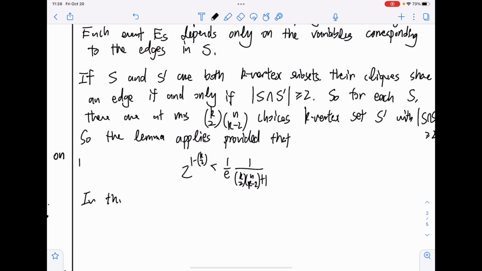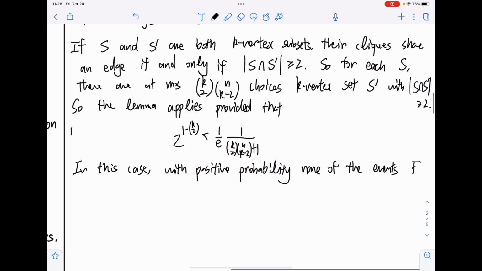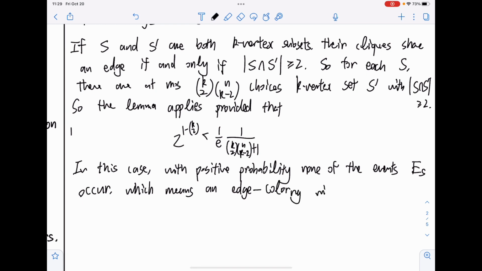And in this case, we can conclude that with positive probability, none of the events E sub S occur. Which means there is an edge coloring with no monochromatic K sub k.